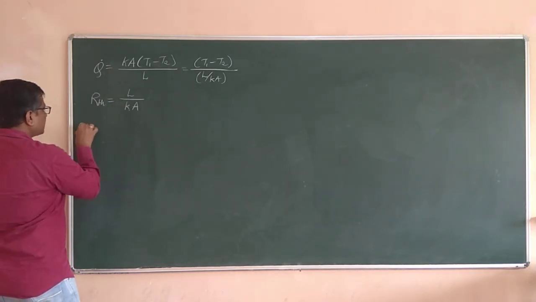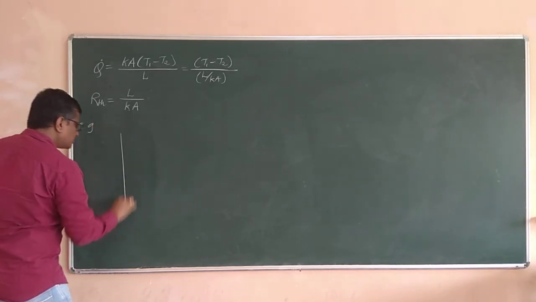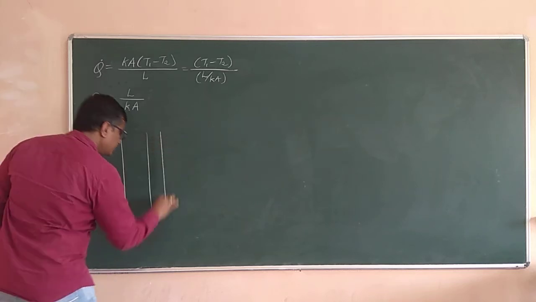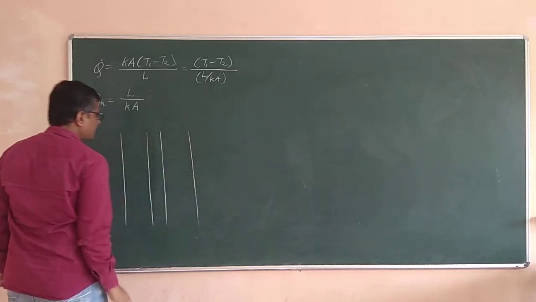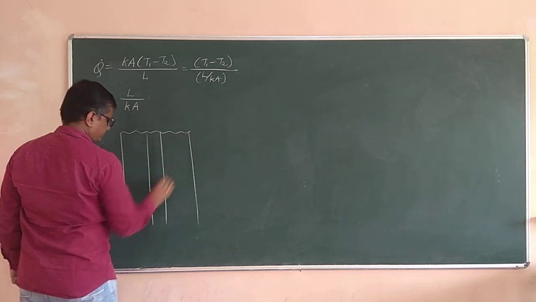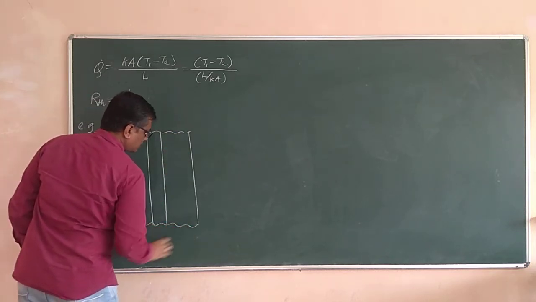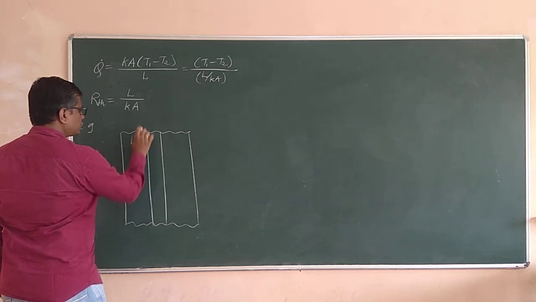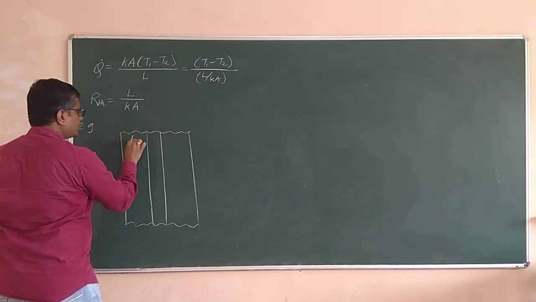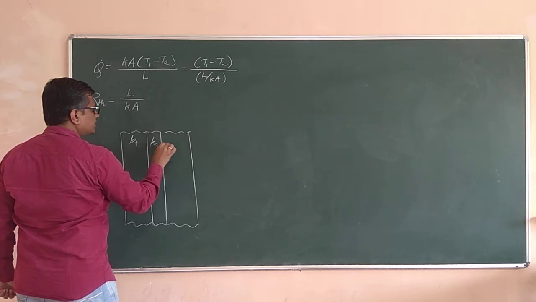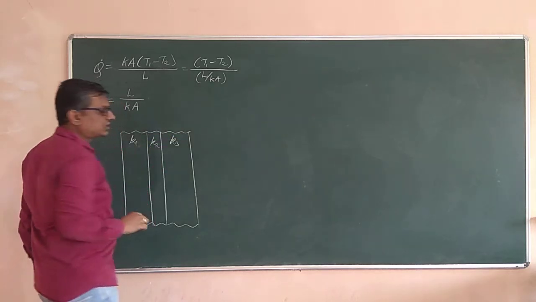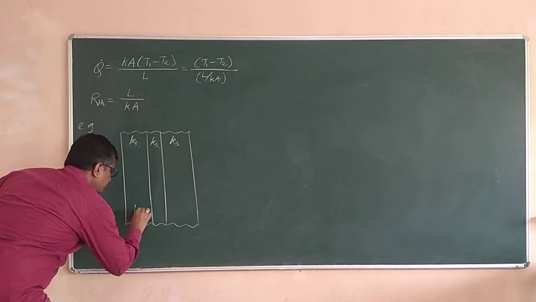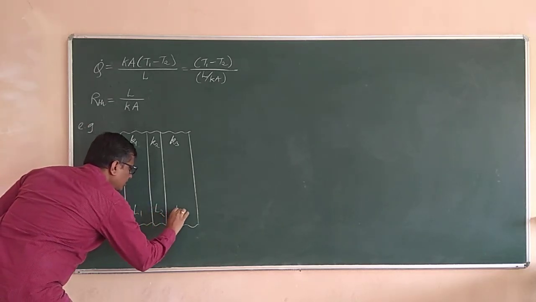For example, in a case there is a composite slab made up of many materials, say this is the first material, this is the second material, and this is the third material, something like this, and the slab is infinite. The thermal conductivity of the first material is K1, of the second material is K2, and of the third material is K3, with the thicknesses L1, L2 and L3.